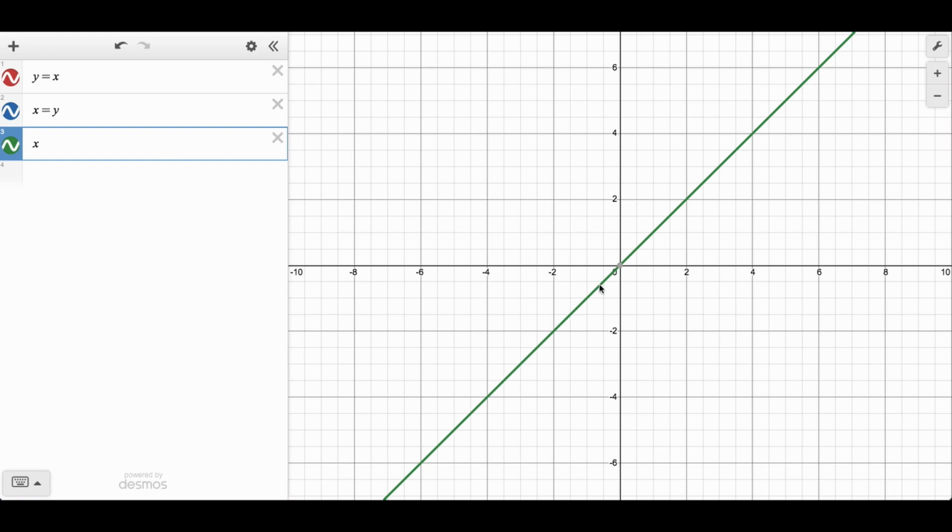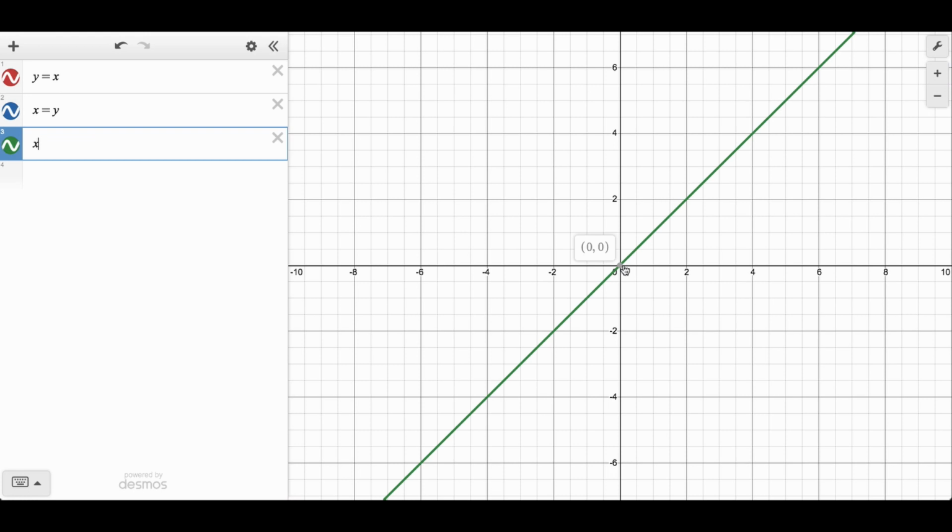And if you're wondering why exactly I get this line every time I plug this equation into Desmos, it's because it's literally plotting all the points that are on that line, that are solutions to that equation.